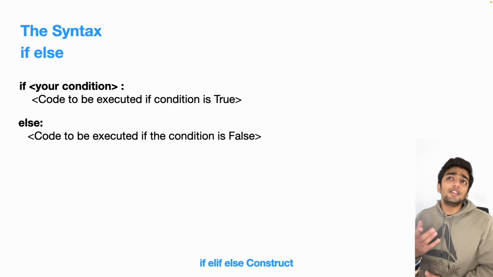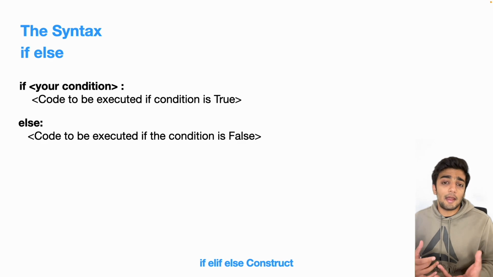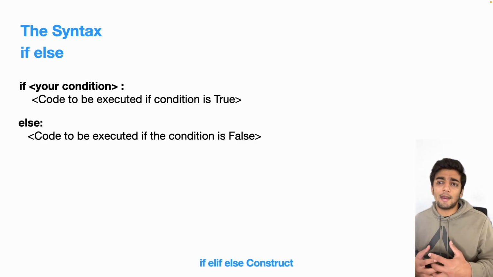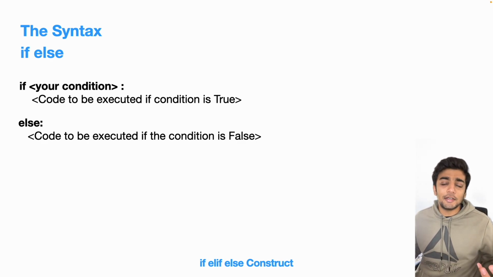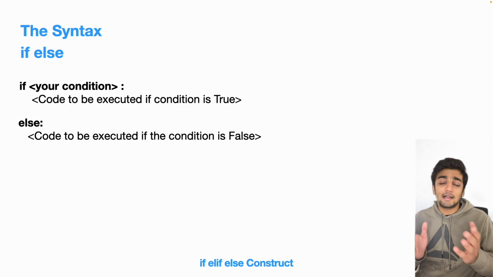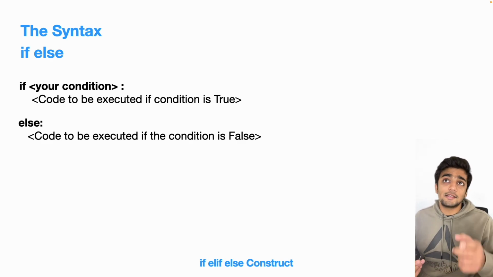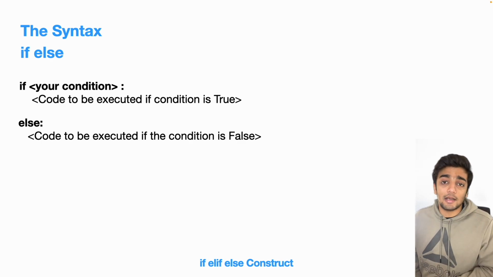Next, if the condition of your if statement is false, then you still want your program to do something, right? Like we saw in the last one, when you were planning to buy this blue t-shirt, if the t-shirt is not blue, that is, the condition of t-shirt color equal to blue is false, then you don't want to buy it, right? So that's where the else statement comes in.